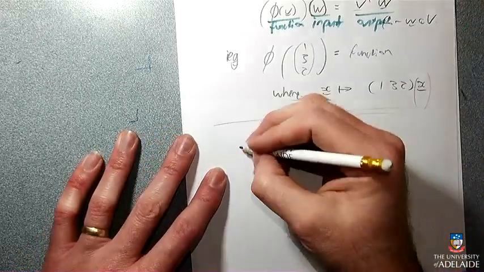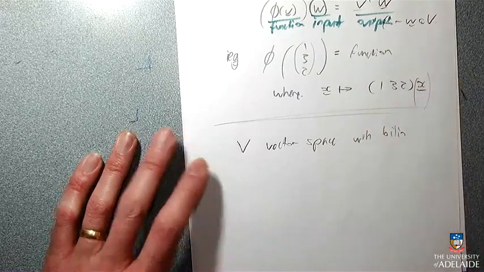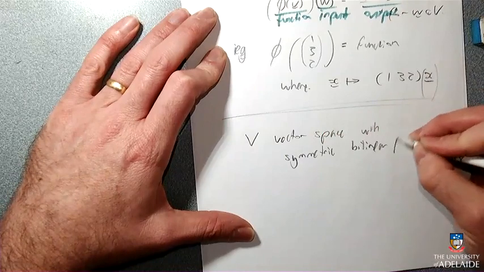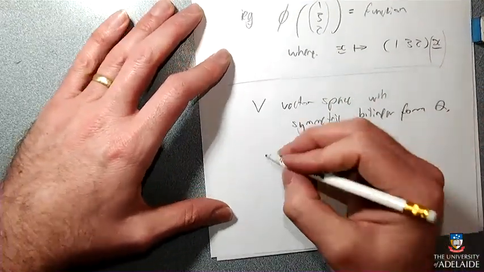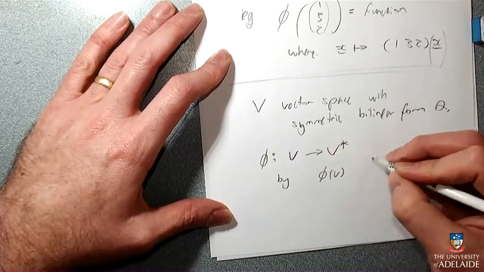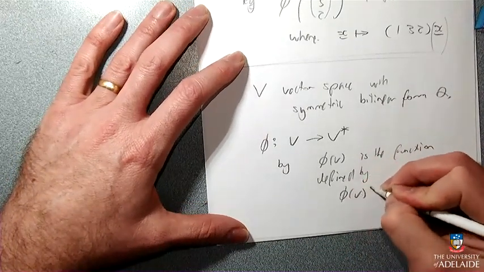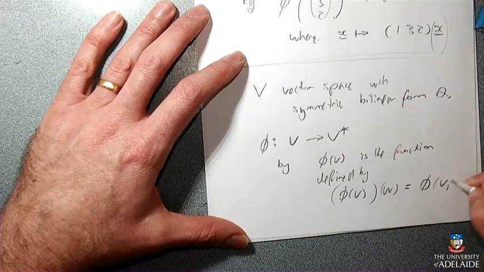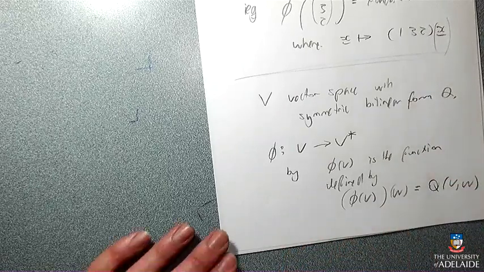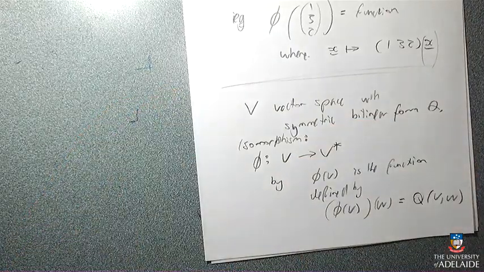So if I had V with symmetric bilinear form Q, then I should be able to say phi sends V into V star by phi of V is a function defined by phi of V of the vector W is Q of V, W. That's not a phi, that's a Q, sorry.